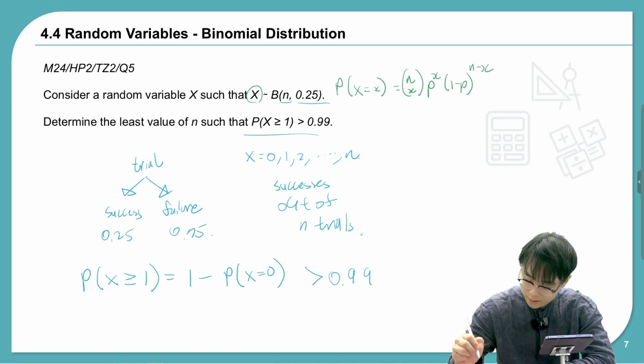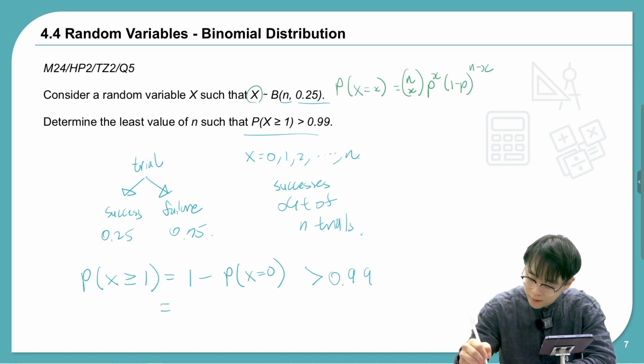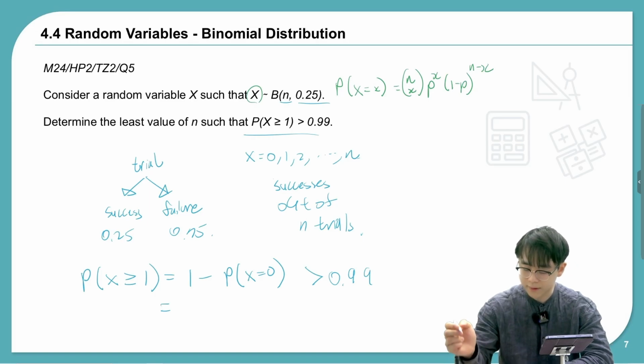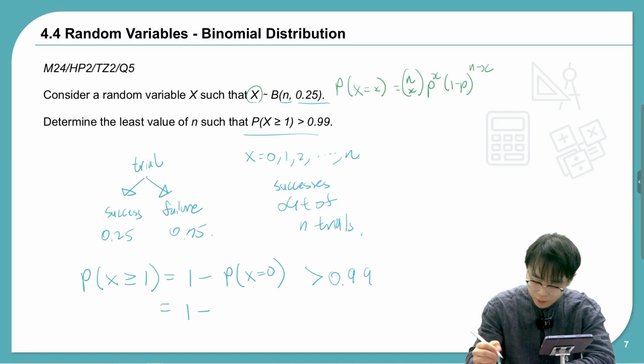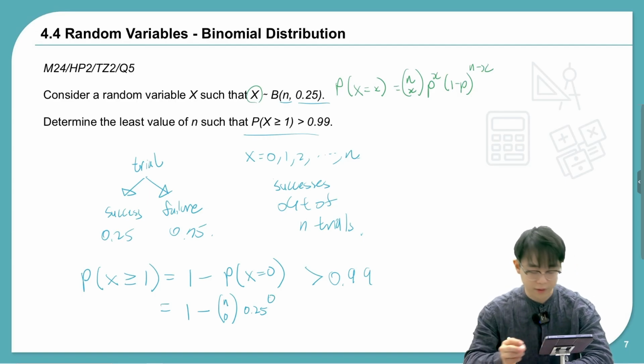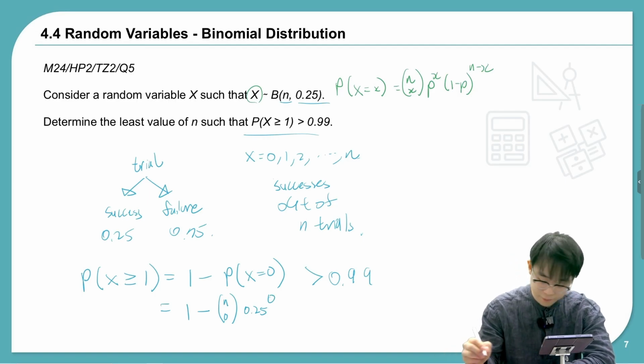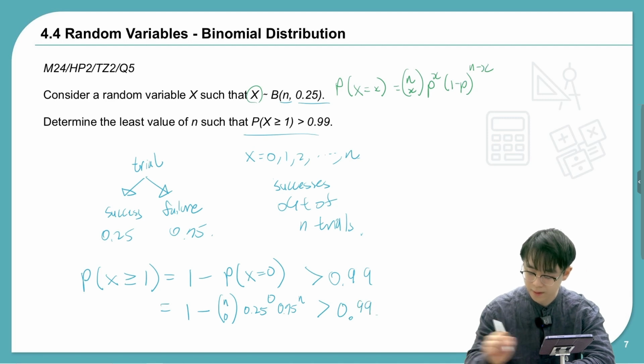So in our case, n is unknown but x is 0 and p is 0.25, so we have 1 minus n choose 0, and then 0.25 to the power of 0, because we would have 0 successes, and then 0.75 for n trials. So we want this to be greater than 0.99.